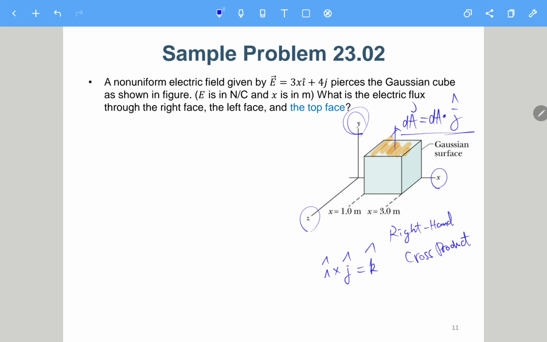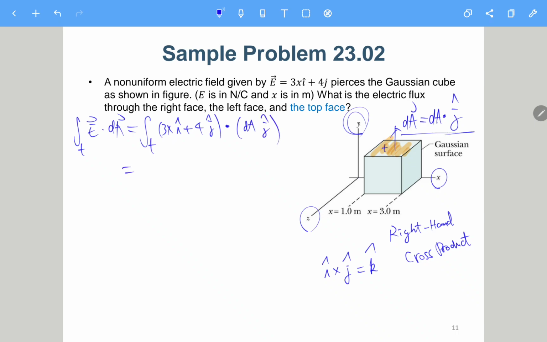Okay, so let's come back to here. dA is dA times j hat. So here, this is the top. Integration of E dot dA for the top. So we have the integration of 3x i hat plus 4j hat dotted with dA j hat.